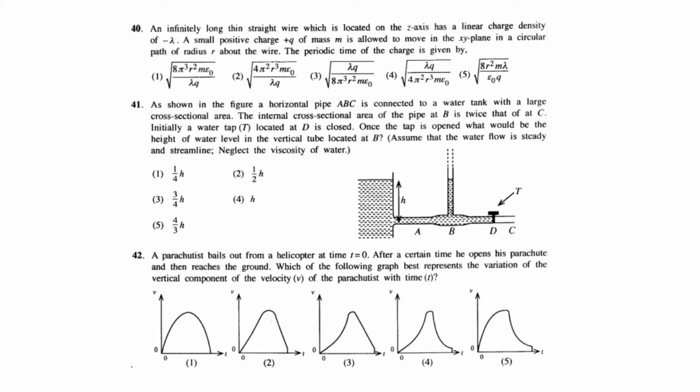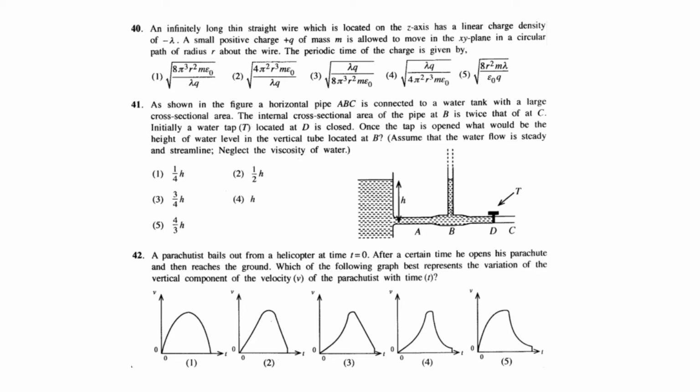Now we consider the points B and C. Assume that the area at C is A and the speed of water at C is V. Then the rate of flow of water at C is A times V. Now we consider the point B. The area at B is 2 times A. Then the velocity of water at B must be half of V. The rate of flow of water at B and C is constant. So the velocity of water at B is half of V.